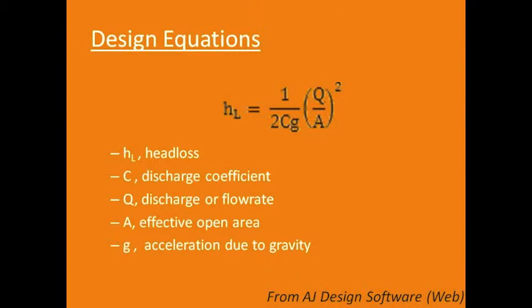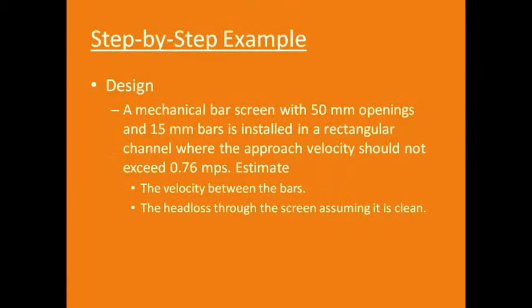A similar equation is used to determine the head loss for a fine screen. This equation includes the discharge or flow rate through the screen Q, the effective open area A, the discharge coefficient C, and gravity g. Since an important parameter for selecting an effective screening system is head loss, the following step-by-step example will determine the head loss through a mechanical bar screen.